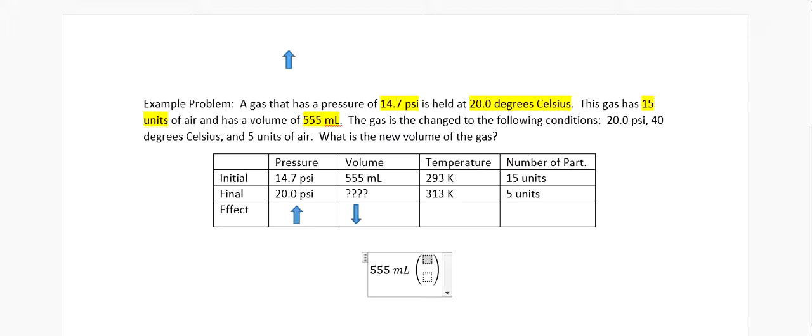So in this case, since I'm predicting a decrease in the volume because of the pressure, I would want to take the 14.7 over the 20 because I'm predicting a decrease. So whenever I'm predicting a decrease, I want to make sure that the smaller number goes on top, the bigger number goes on bottom. So that would be 14.7 over 20 psi.